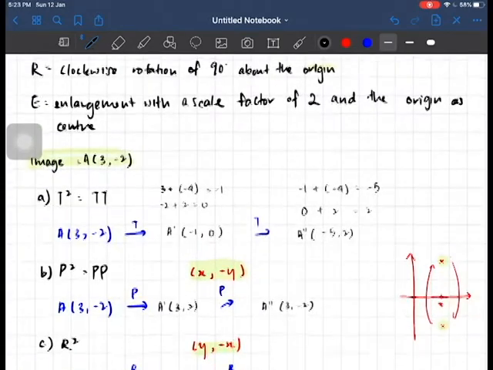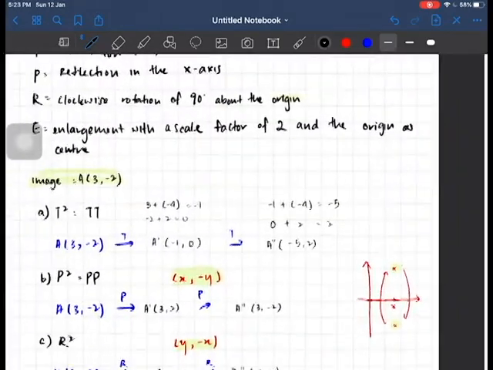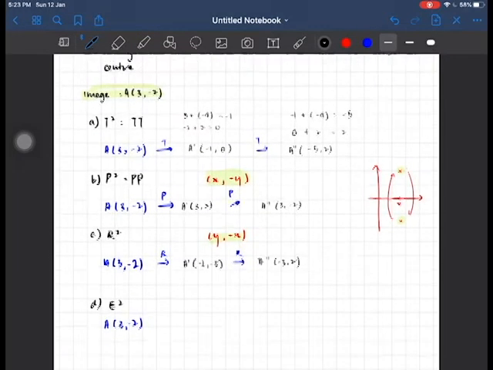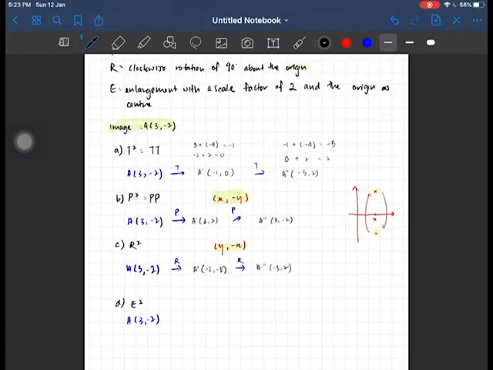Also for the reflection in the x-axis, it's best that you do not memorize the formula, because at times it will not be in the x-axis, where it could be maybe y equals x, which is a different case, right? So the next one is EE.